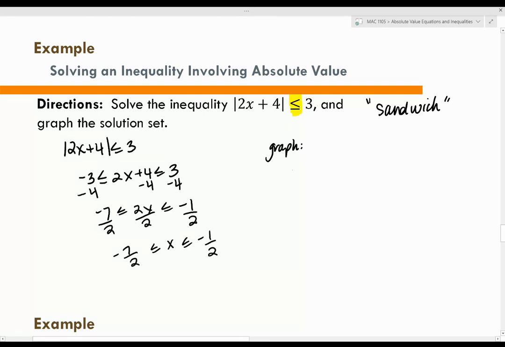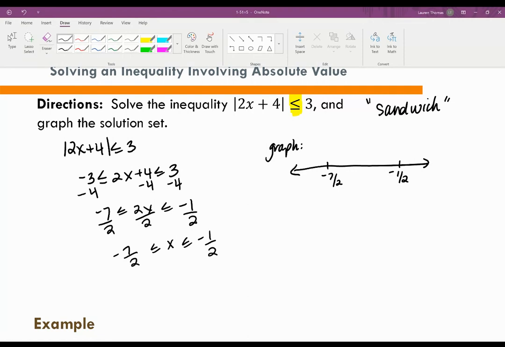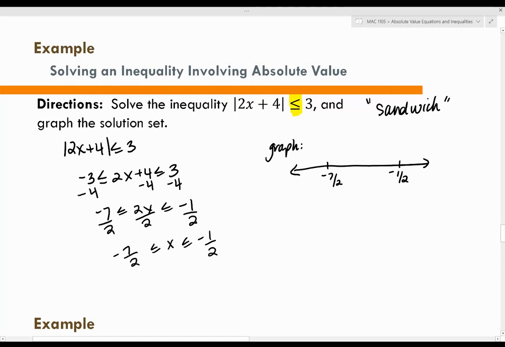Okay, so let's practice all 3 ways to write our answer, just so that we have them. So if I graph it, remember I draw a number line. I'm going to place my numbers on there, negative 7 over 2 and negative 1/2. Okay. Now, as I look at those inequality symbols, they're less than or equal to. So that means on this picture, I'm going to have closed circles. And x falls in the middle, so I'm going to shade the middle.